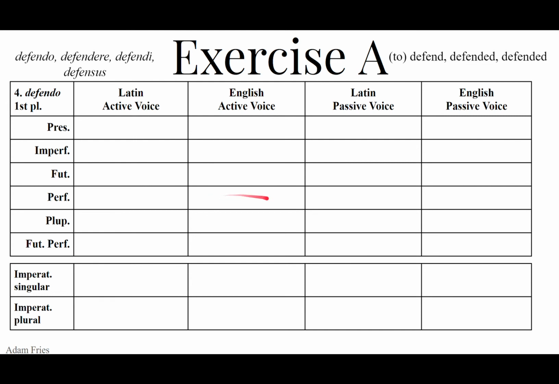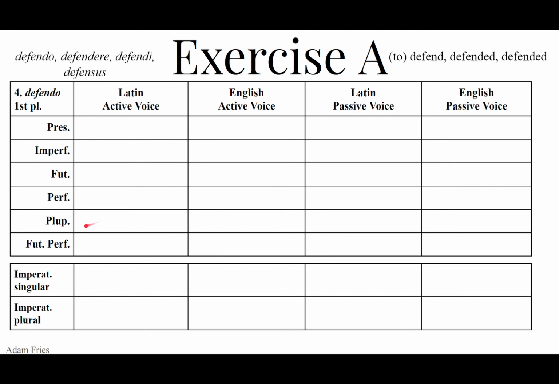We have defended. We did defend. The passive, defensi sumus. Make sure it's plural. Defensi sumus. We were defended. We have been defended. Defensi sumus, defensae sumus, and defensa sumus.